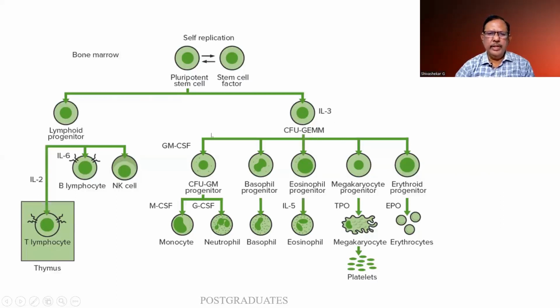This has the potential to multiply and to divide into the monocyte, the neutrophil, as well as the basophil series, eosinophil, the megakaryocytes, as well as the erythroid series. At the other end, we have the lymphocytes. This is something that you should always have in mind.